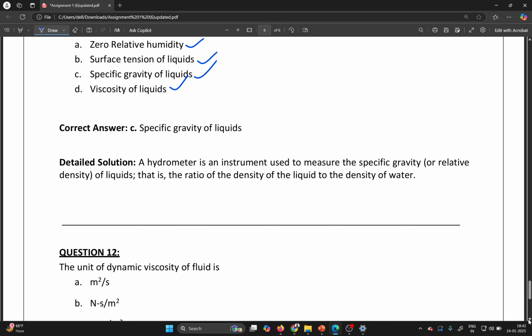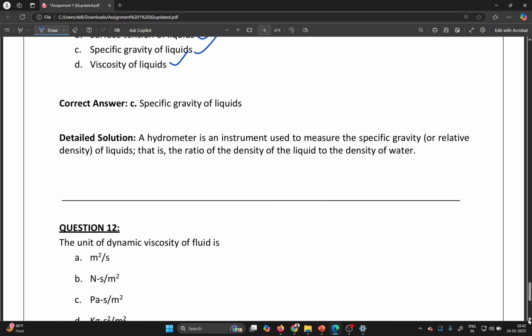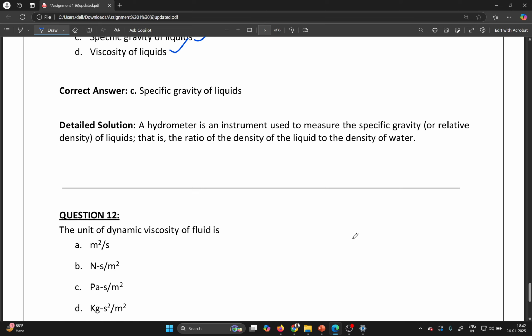Question number 12. The unit of dynamic viscosity of the fluid. So please everyone try to give the answer.